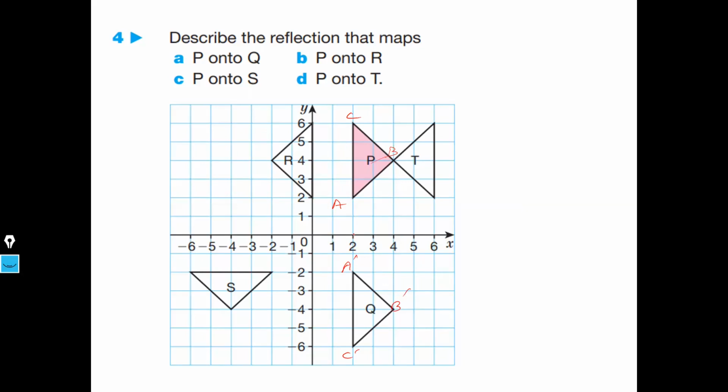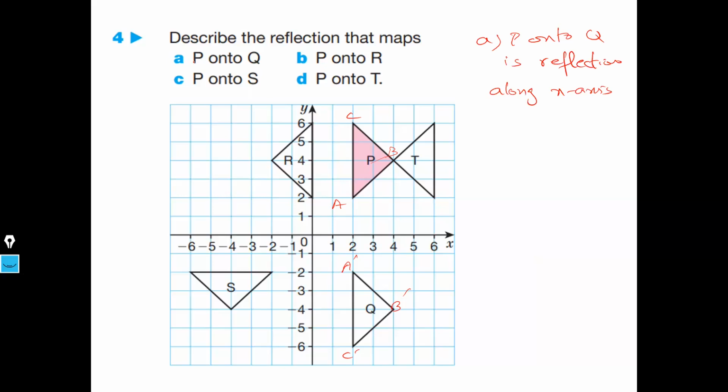This means this is the reflection. Part A answer: P onto Q is reflection along the x-axis, because each point of ABC is equidistant from A dash, B dash, and C dash reflected upon the x-axis.